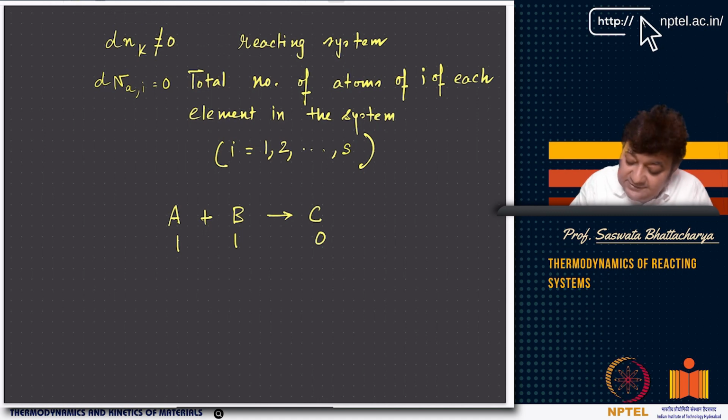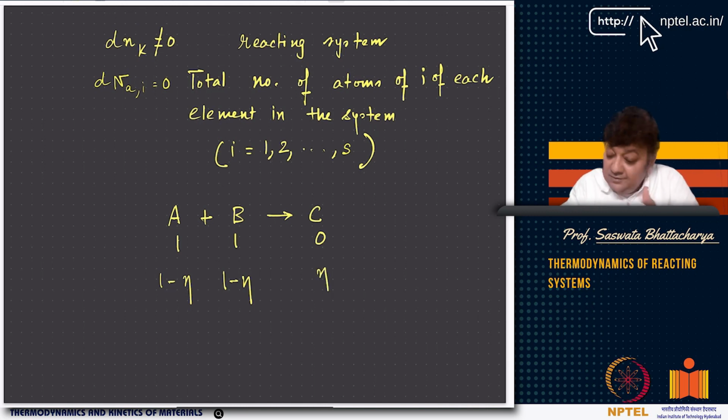So basically, if I think of this as my initial state, and then later, say for example, there is an extent defined by some parameter eta. So A reduces by eta, and eta is a fraction, or degree, or extent of the reaction. So if at equilibrium you have 1 minus eta and 1 minus eta, and here you have eta.